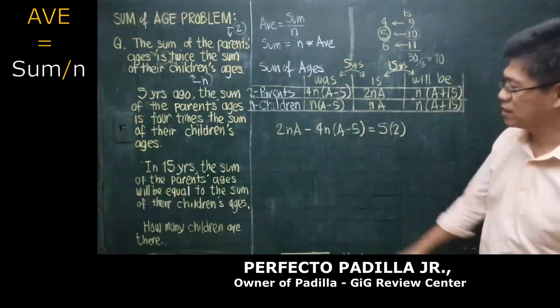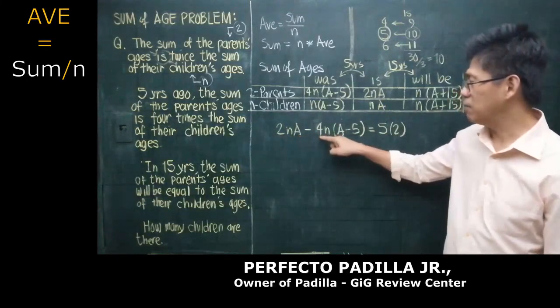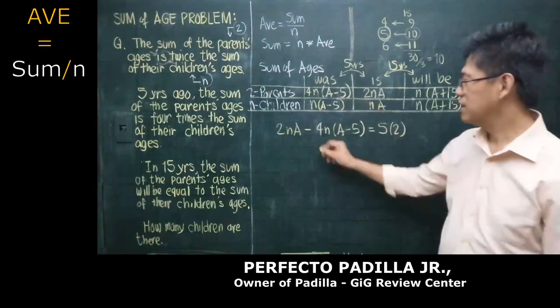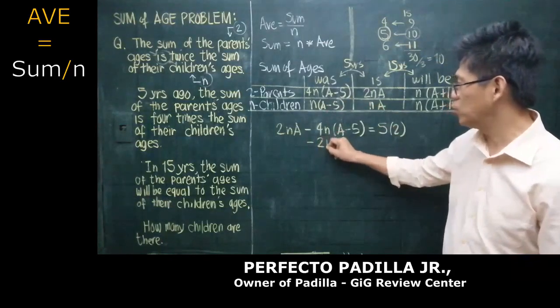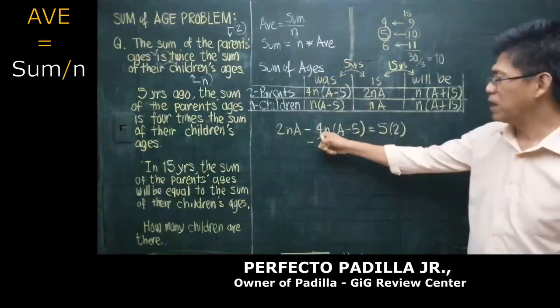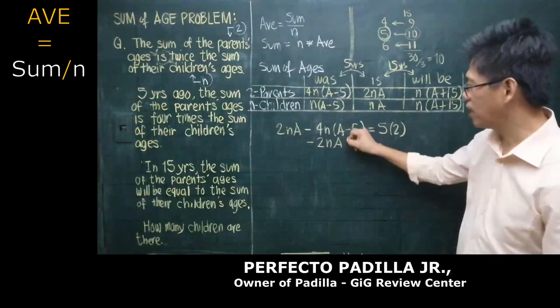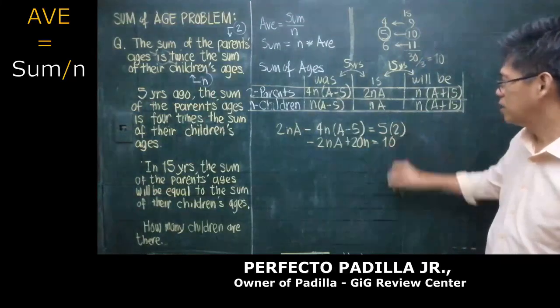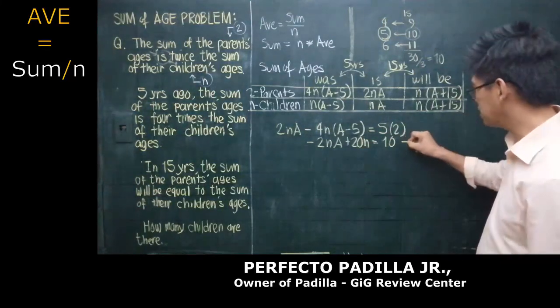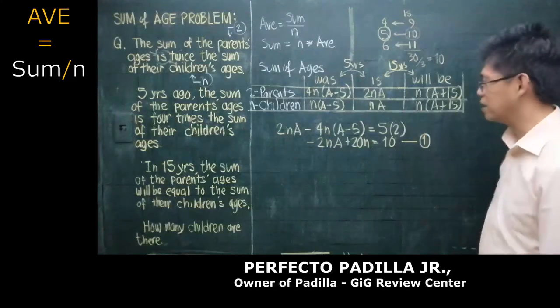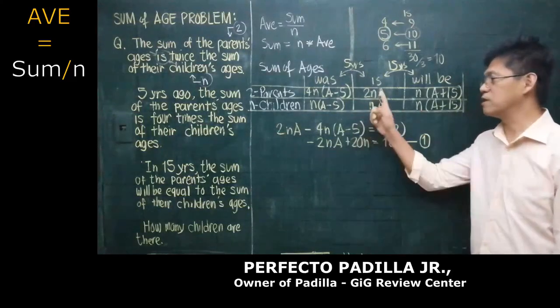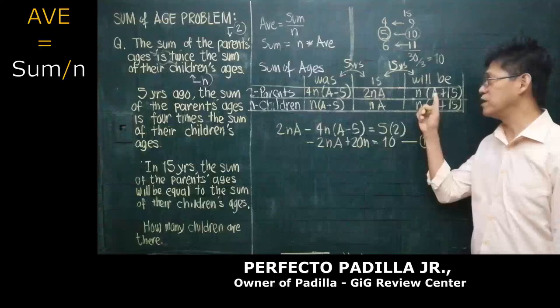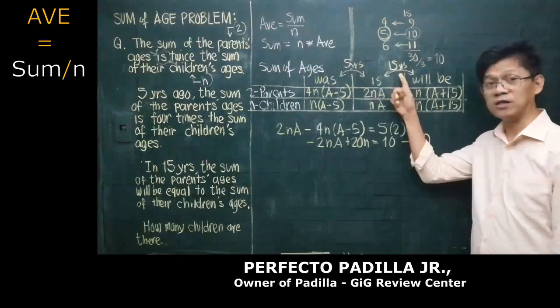So simplifying this, 2NA minus 4NA, that would be minus 2NA, minus 4n times minus 5, this would be 20n, is equal to 10. This is equation 1. Let me consider present to 15 years from now. 15 years.